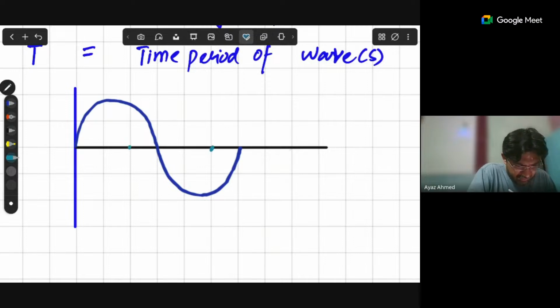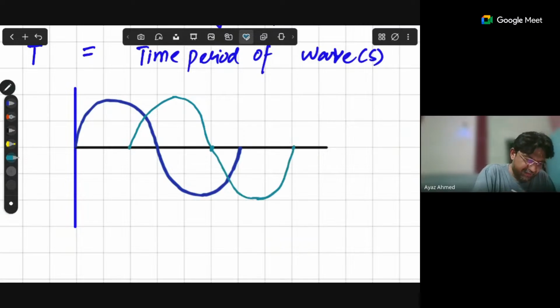It would join over here, and then it would be completed right at this point. This is another wave.